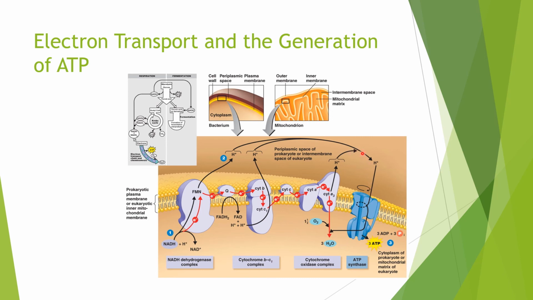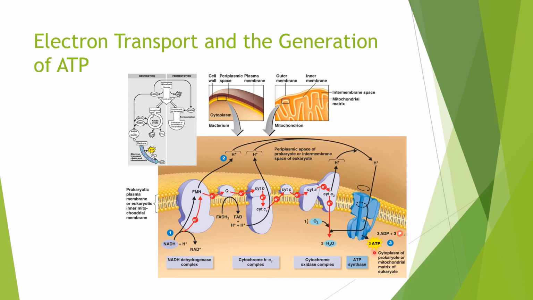As more and more hydrogen ions come down that ATP synthase, more and more ATP gets produced. And that's how your electron transport chain is going to make the highest amount of ATP.